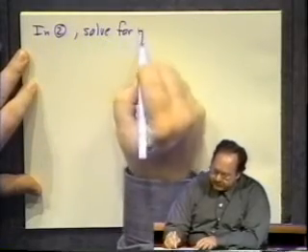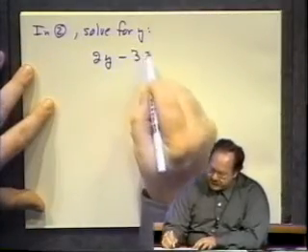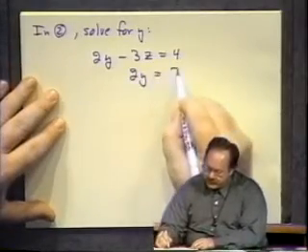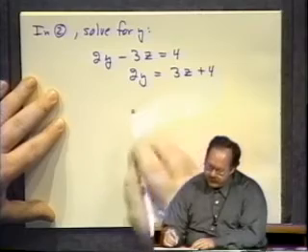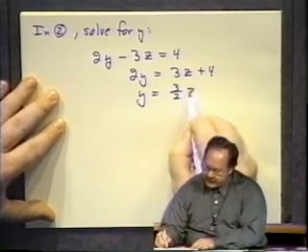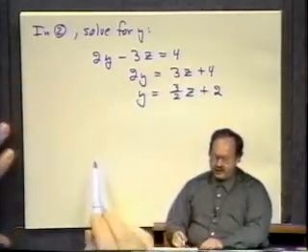So with that in mind, first of all, in 2, I will solve for y, keeping track of what I'm doing. So my 2 is 2y minus 3z equals 4. So that's 2y is equal to 3z plus 4. And so y is equal to 3 halves z plus 2, because the 2 will divide into the 4.